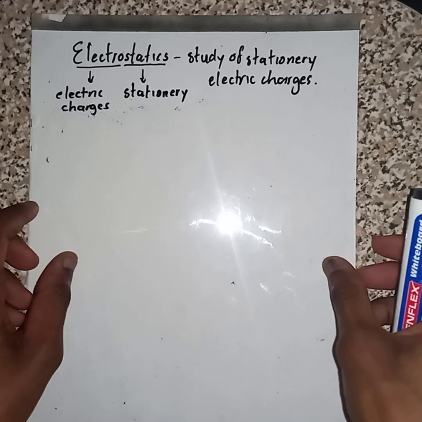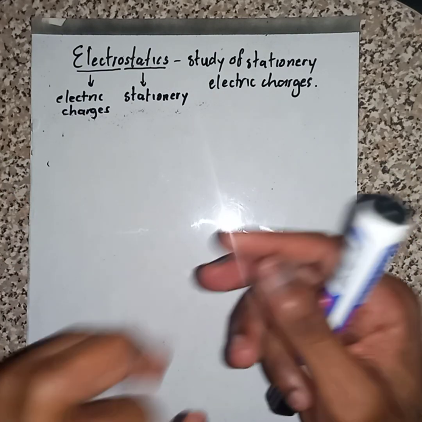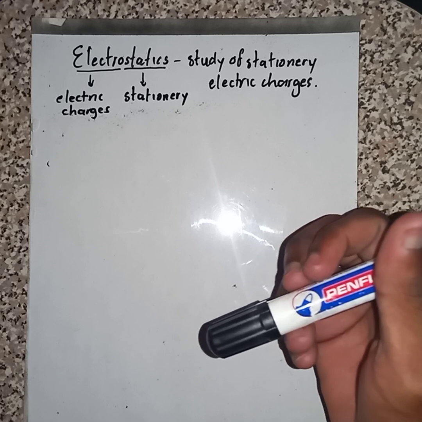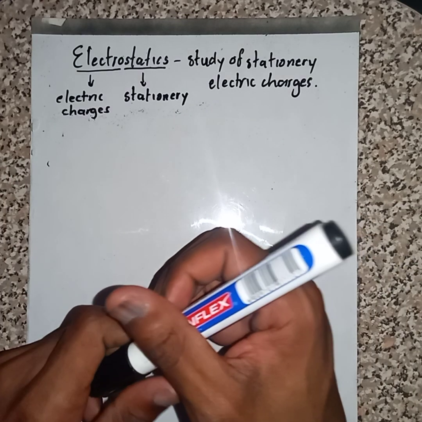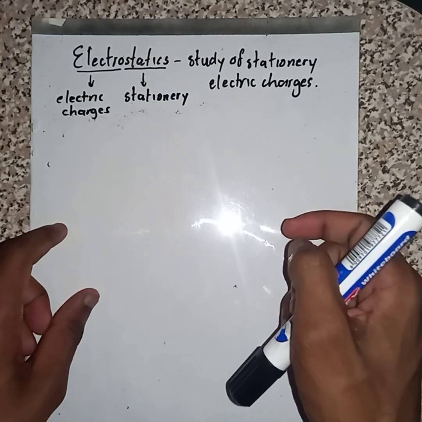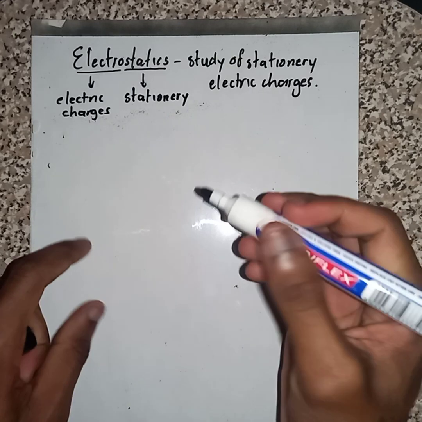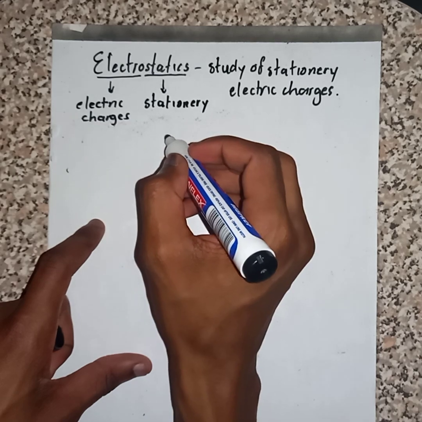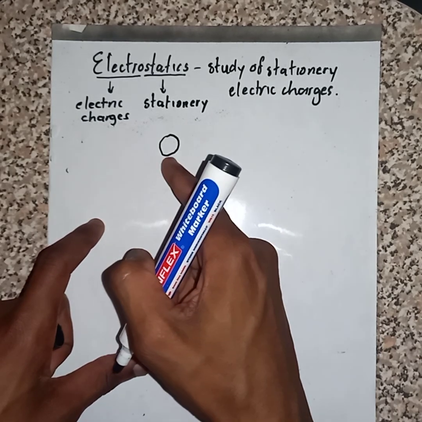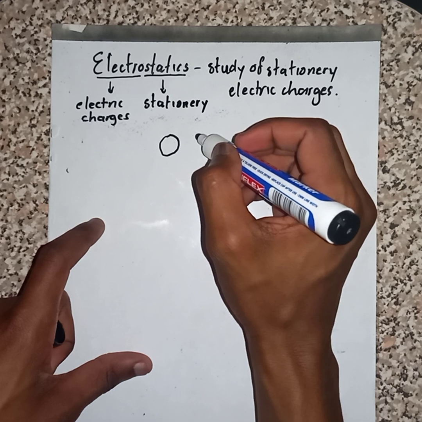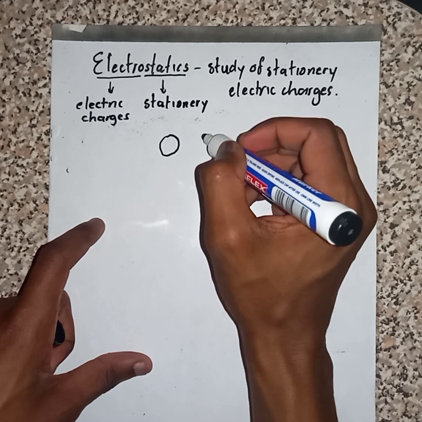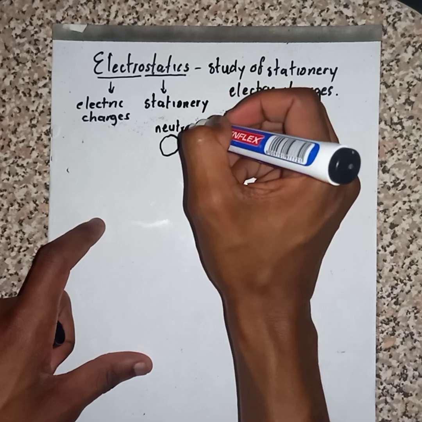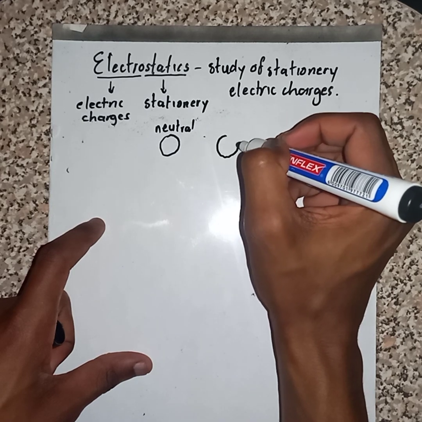What I'm going to do now is look at the three different ways that we can use to charge some object. Let us consider a case whereby if I had two objects, let's say this one is neutral, and this one is negatively charged.